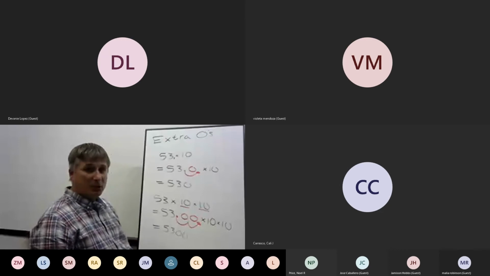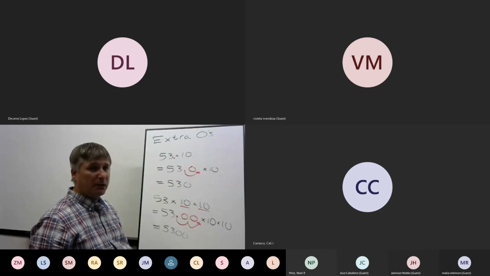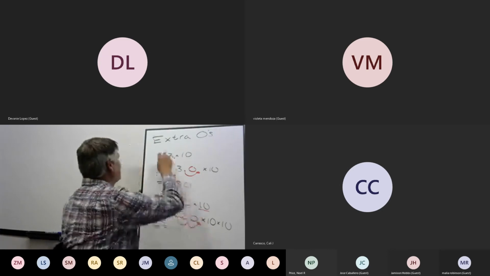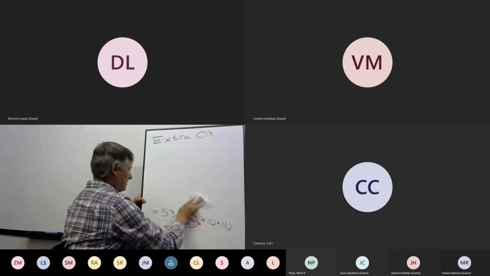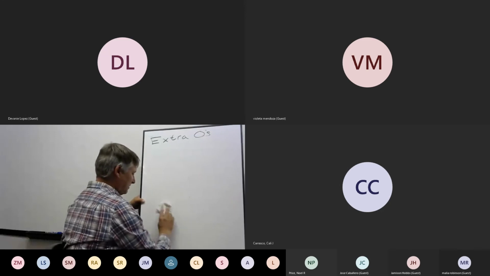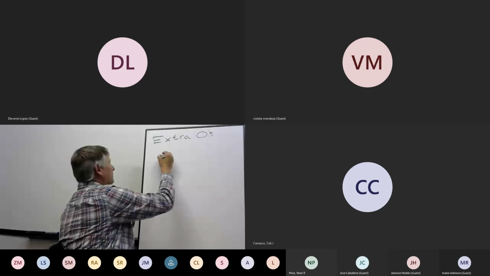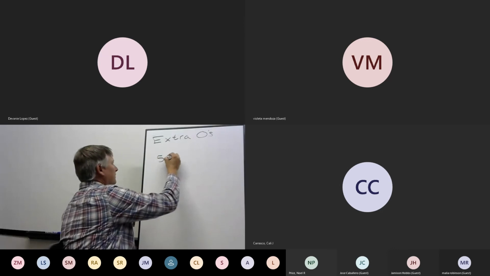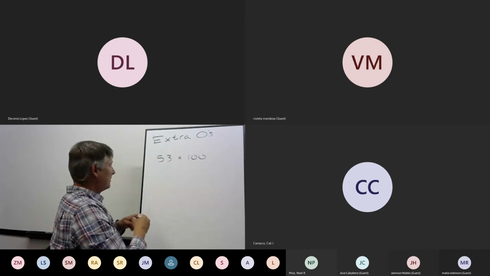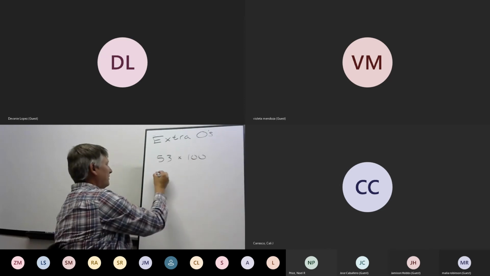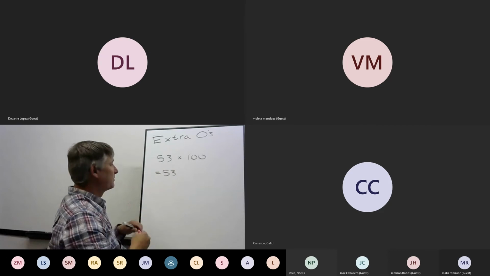And the counting zeros technique that we use, that little math trick, works this way too. So in this case, I'm going to count the number of zeros.